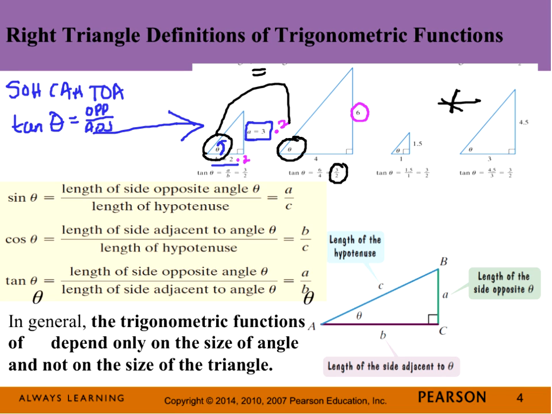If we label a triangle down here with sides A, B, and C, A being the vertical leg, B being the horizontal leg of the right triangle, and C is always the hypotenuse.